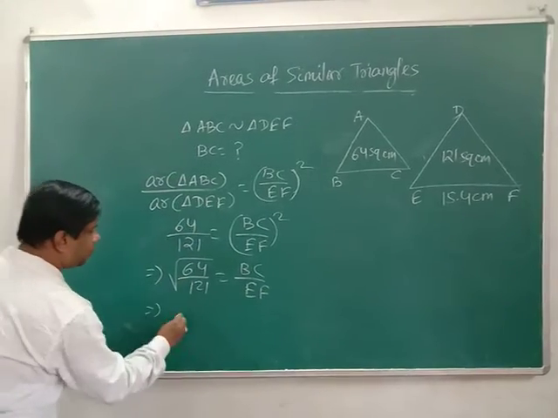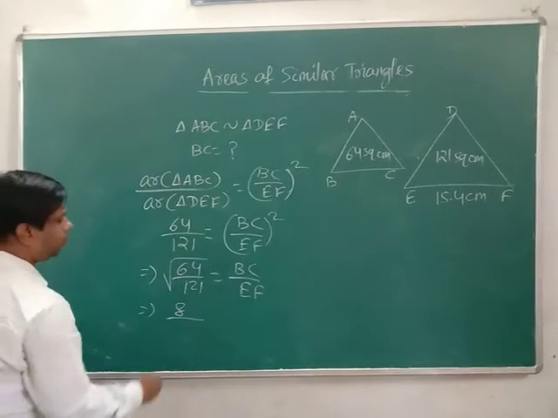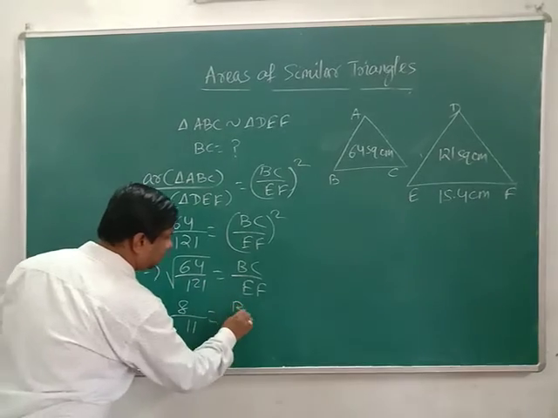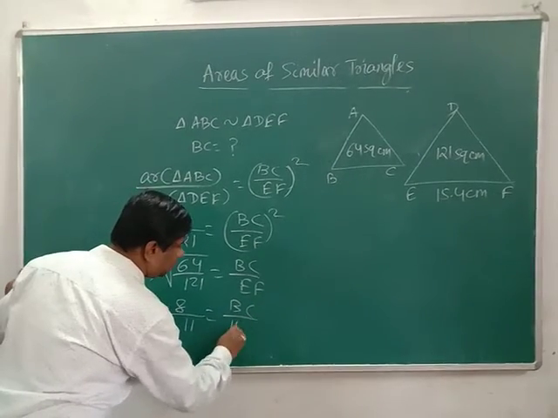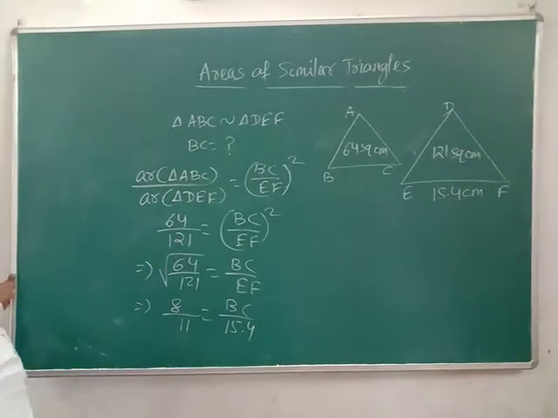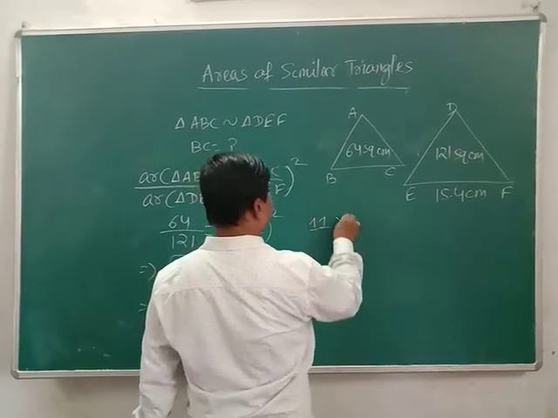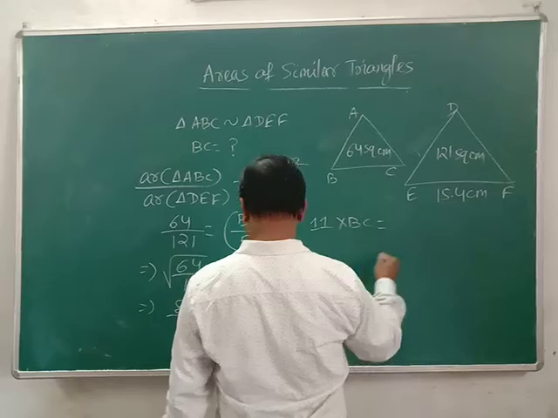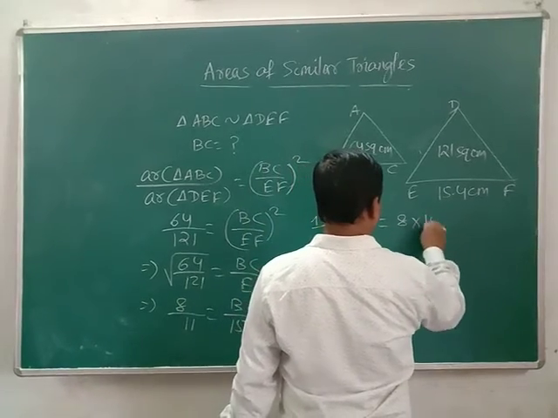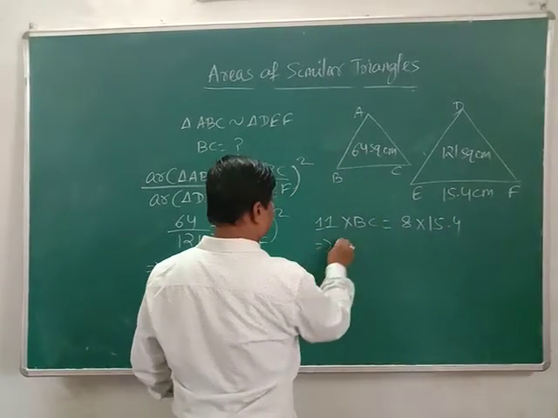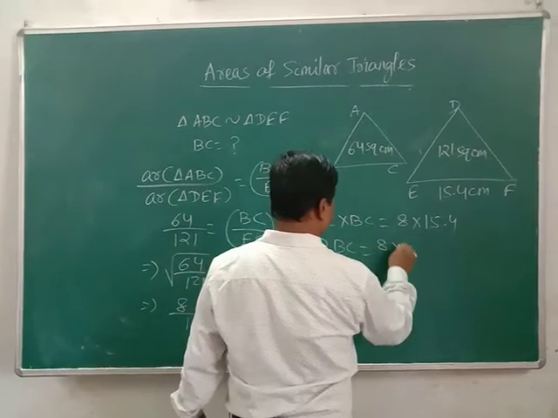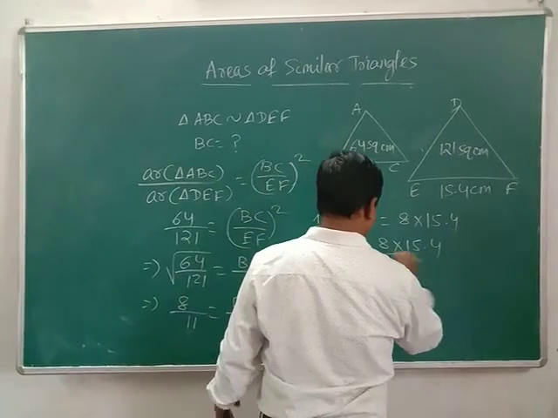So square root of 64 is 8, very good. Square root of 121 is 11. BC is asked to you and EF is given as 15.4. So cross multiply: 11 into BC is equal to 8 into 15.4. So BC is equal to 8 into 15.4 by 11.